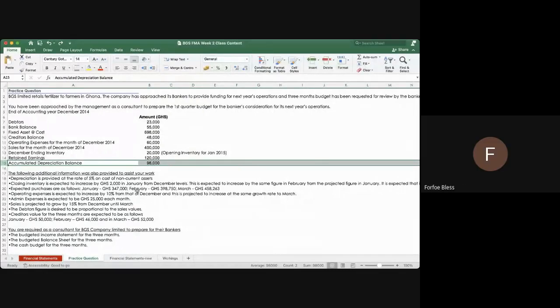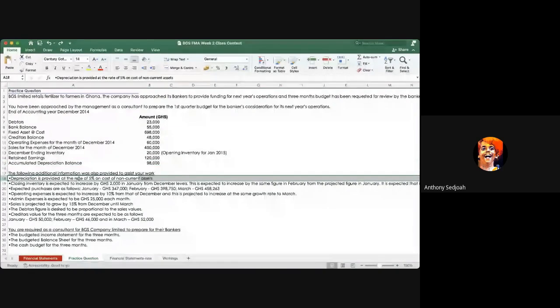Exactly, straight line, and straight line is usually on cost. Depreciation is provided at a rate of 5% on cost. Remember, the cost doesn't change. So 5% on cost means each period is going to be the same. Since cost doesn't change, it's going to be straight line. Oh, okay. Thank you. Yes, so this is straight line.